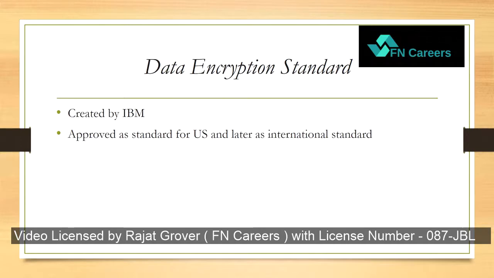Soon after, DES became a global standard. It transforms a 64-bit data block and uses a key length of 56 bits. It is used for civilian purposes. Then it is replaced with the AES standard.